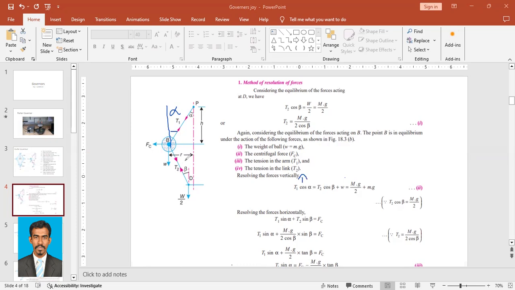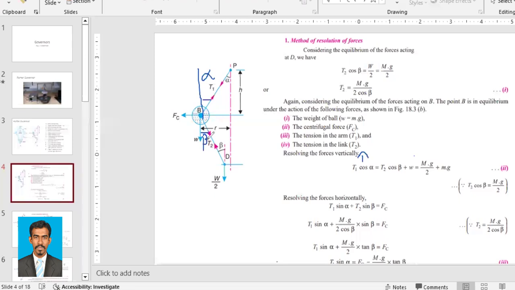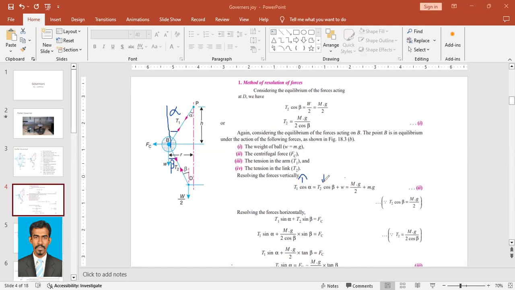It is equal to T2 cos beta, which is acting downwards, and the weight of the ball, that is W. We can consider it as small mg. That is also acting downwards. These are the only three forces acting in the vertical direction, because Fc is horizontal, so its vertical component is 0. So based on the action of these three forces, this ball B is in vertical equilibrium.